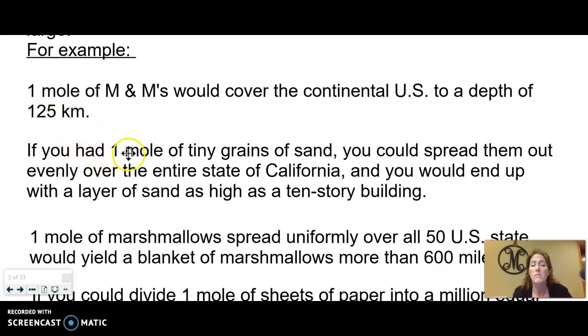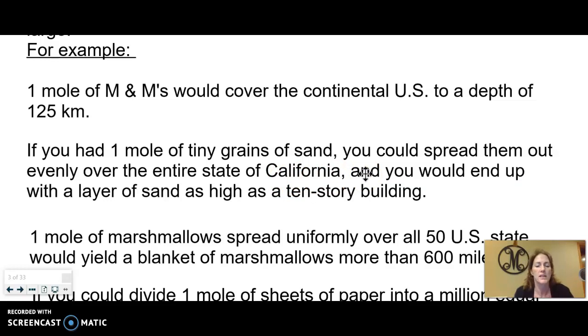If you had 1 mole of tiny grains of sand, now think about that. You can see a grain of sand macroscopically or with your naked eye. Atoms are so much smaller that they're not going to take up near as much space. But a mole of tiny grains of sand spread out evenly over the state of California would give you a layer as high as a 10-story building.